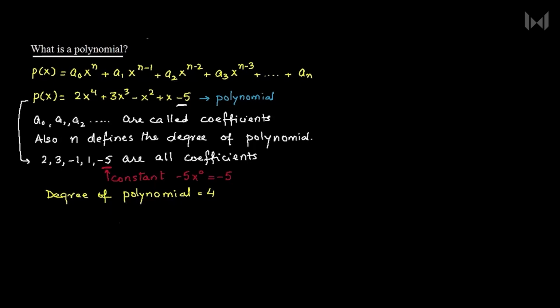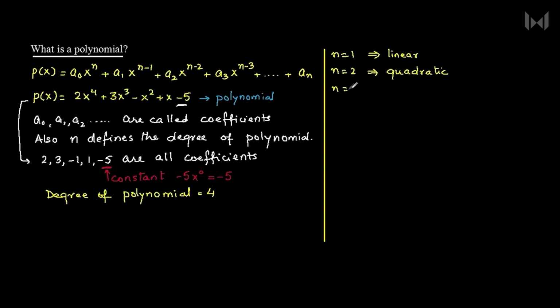Now over here we need to remember one thing. Different names are given to polynomials with different degrees. So, for example, if n is equal to 1, it is a linear polynomial. If n is equal to 2, we call it a quadratic. If n is equal to 3, we call it a cubic polynomial.